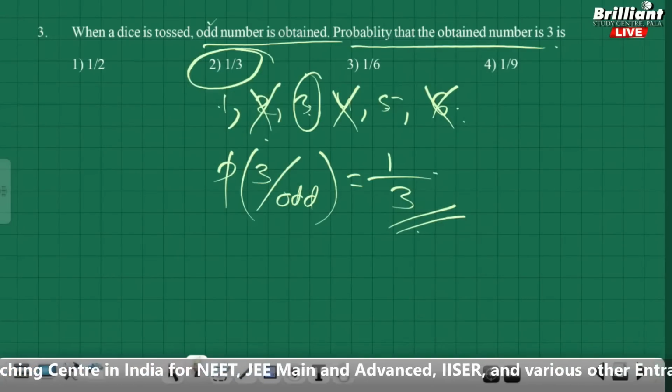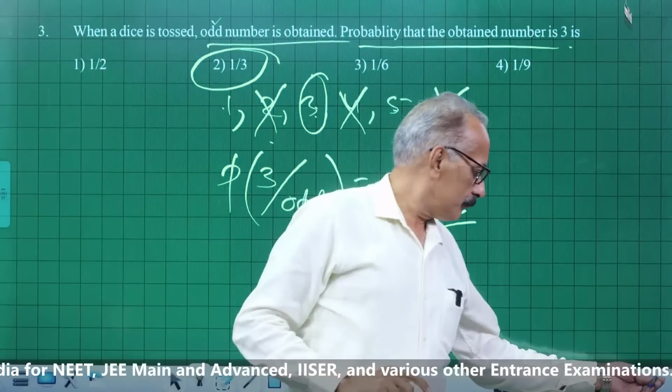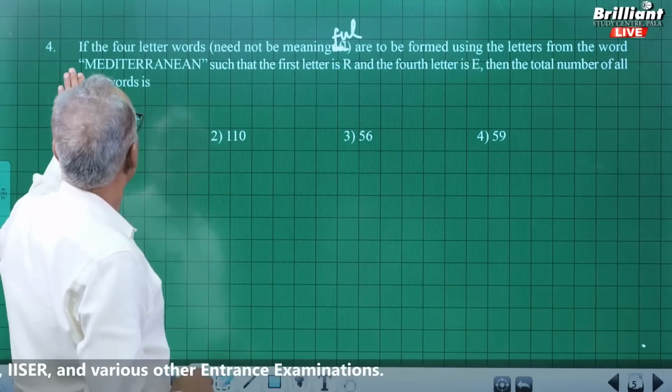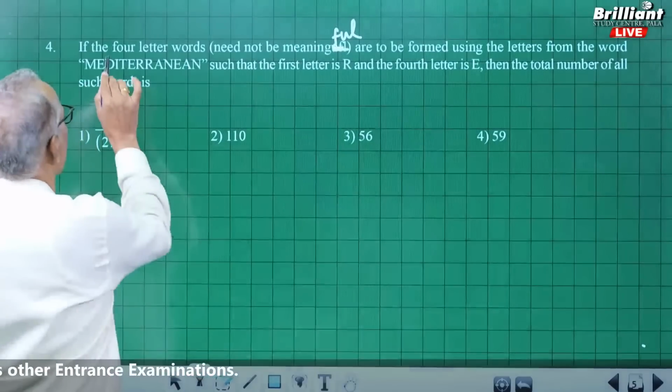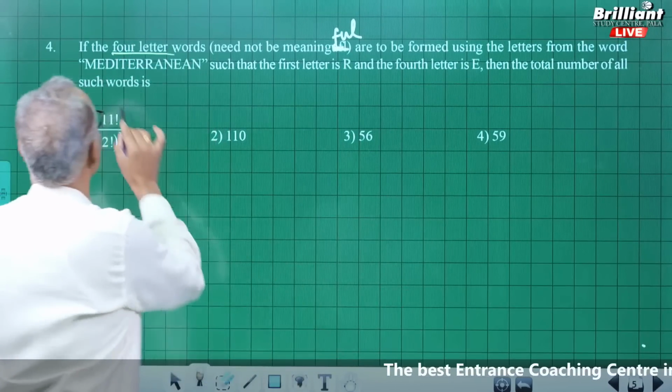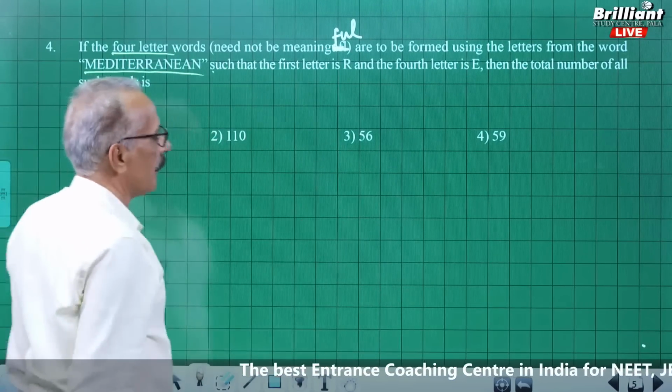Ready? We will move on to the next, that is question number 5. Look, this is about 4-letter words. First thing we want to find, from the letters of the word Mediterranean.